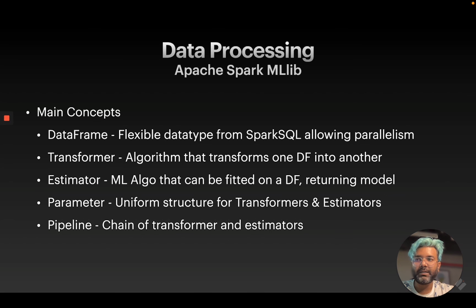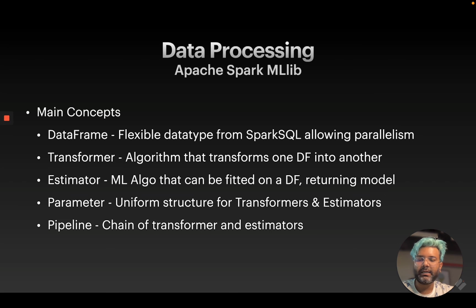So for example, logistic regression is an API that is provided by Spark MLlib, and that is an example of an estimator. Spark uses a uniform API to define all the parameters along with their documentation, and that's where the parameter concept comes into the picture.